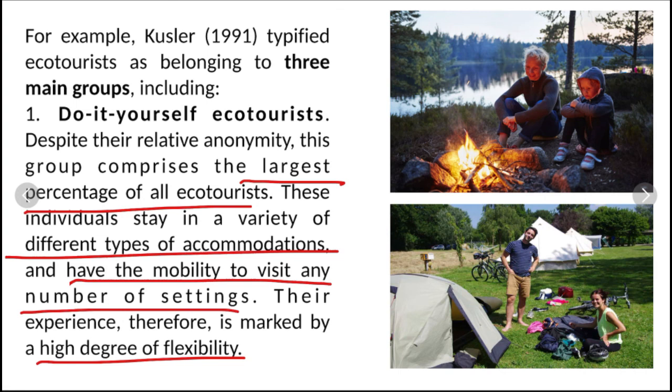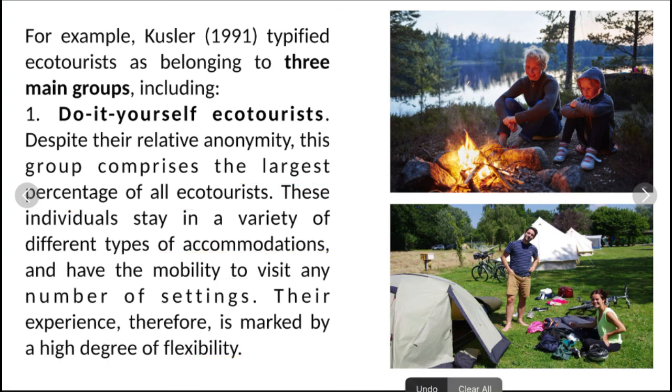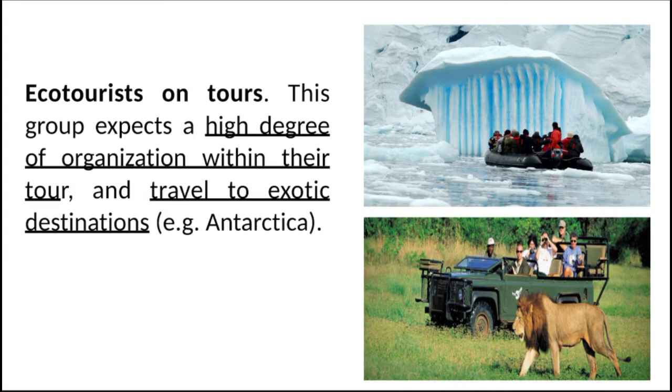So, ibig sabihin, as you can see in the picture, merong tourist na nagbo-bonfire, may mga tourist naman na nag-set up sila ng kanilang mga camping tents. So, ibig sabihin, si do-it-yourself ecotourist, they can do several things. Okay? And of course, they can experience several things depende dun sa mga activities na gagawin nila.